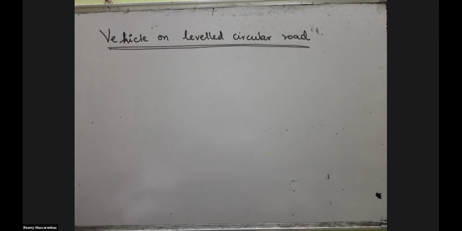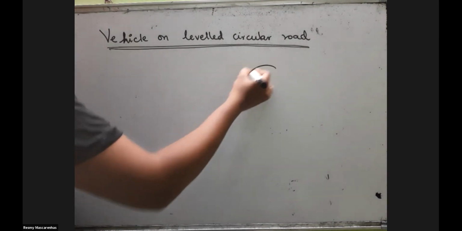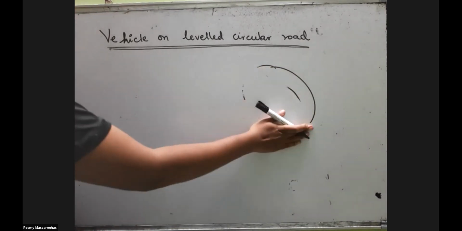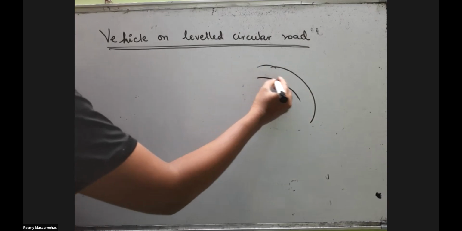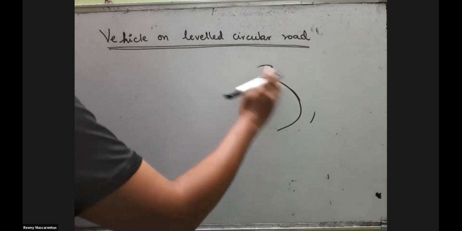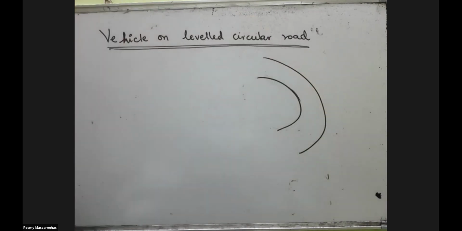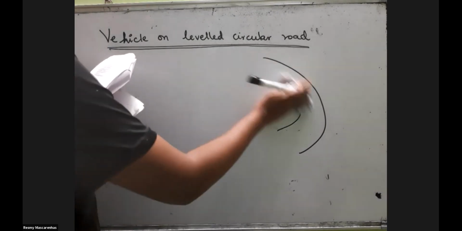Leveled circular road means suppose there's a circle, or not necessarily, it could be a sharp turn also. Suppose you have a road like this. We'll draw it a little big so that the diagram also fits in.